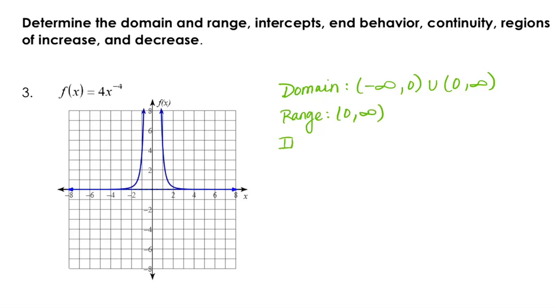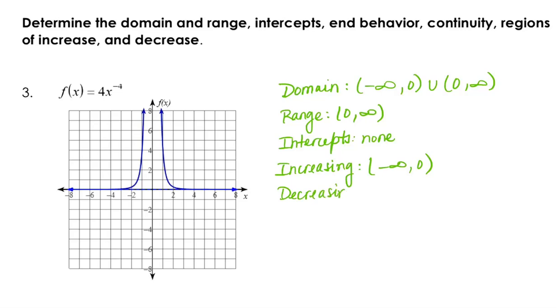Now the intercepts of this graph, there are no intercepts. The function is increasing from -infinity to 0, and it's decreasing from 0 to infinity.